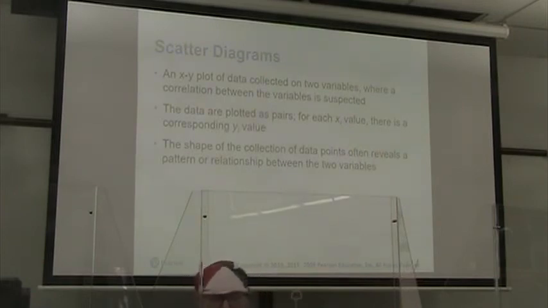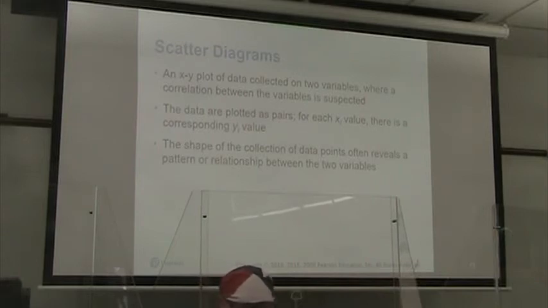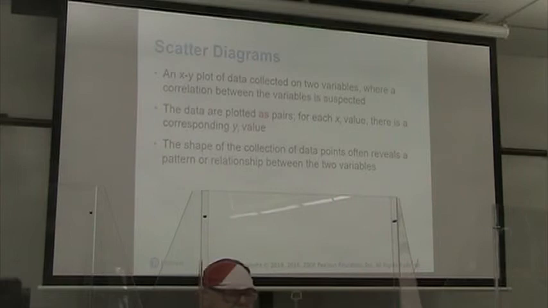All right, so scatter diagrams. Those are XY plots of data collected on two variables where we suspect there is a correlation between those variables. The data are plotted in pairs.